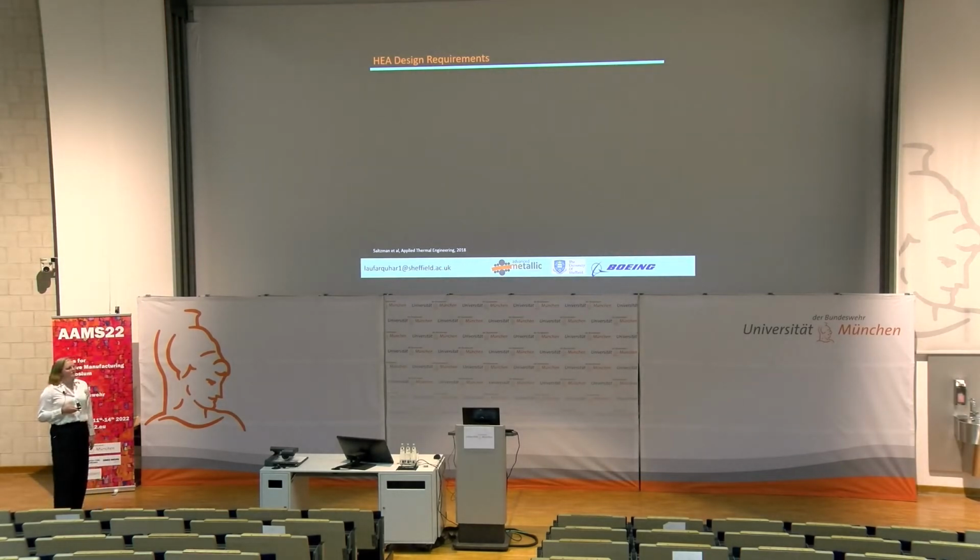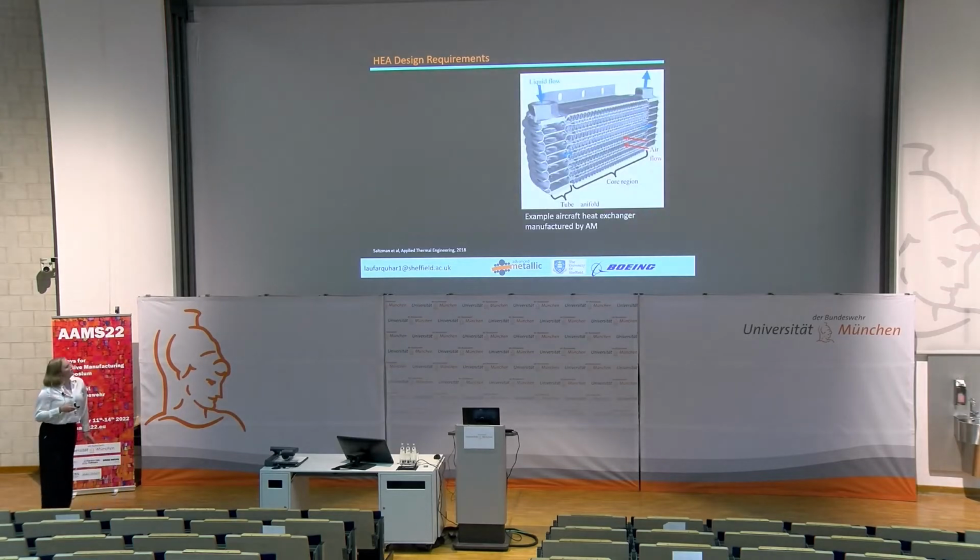So when we were thinking about designing our high entropy alloy, we realised that most of the literature involves taking a known high entropy alloy and putting that in your AM machine, doing a design experiment, and seeing what you got out at the end. There's very little literature on designing a high entropy alloy for an application and for a process. So our application is an extreme environment heat exchanger. I've taken this from the literature as an example.